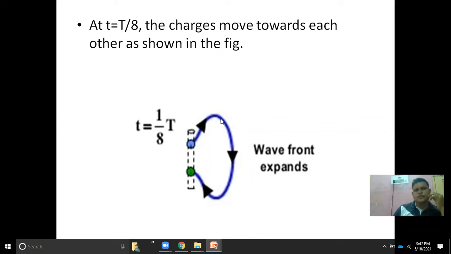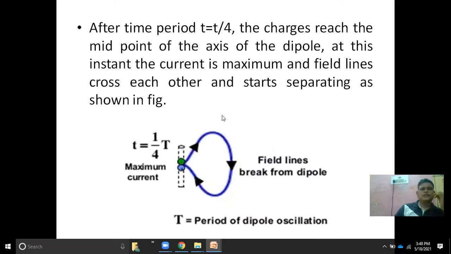Now this wave front starts to expand. Because the charges are very near, a little amount of current also increases, and because of the current increase, this wave front expands.